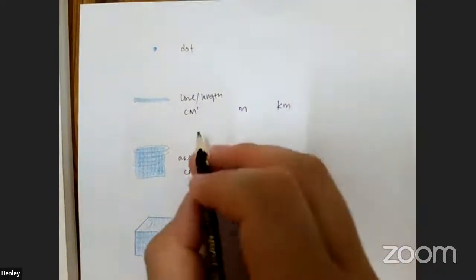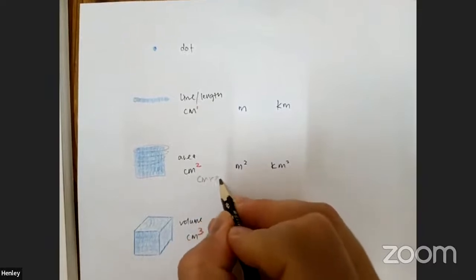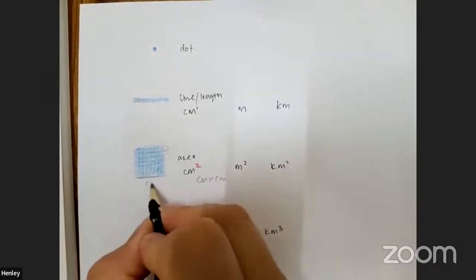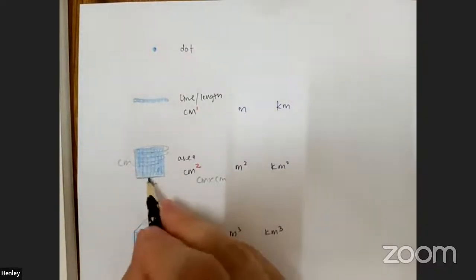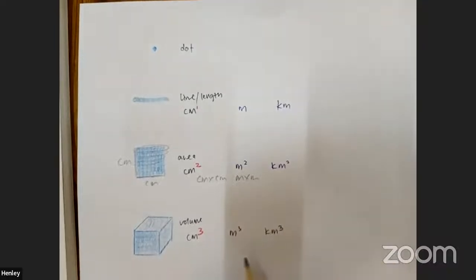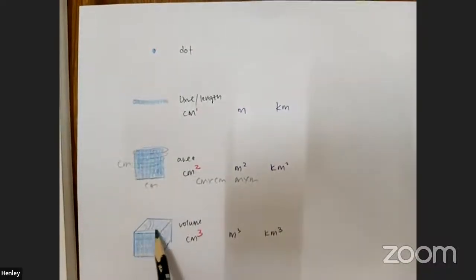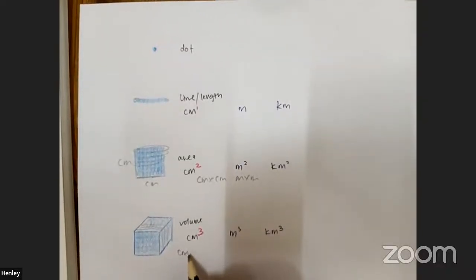So this is cm times cm. If this is meter, it means meter times meter. And from the area, if you stack the areas one after another, it makes a volume. This volume is cm times cm times cm.